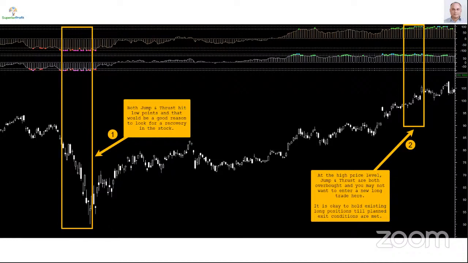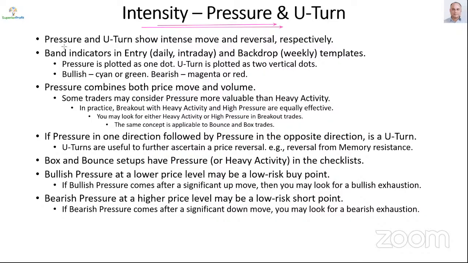And then we have some indicators for intensity. Pressure and U-turn show intense move and reversal respectively. Both are drawn as band indicators in entry, both daily entry, intraday entry, and backdrop weekly templates. Pressure is plotted as 1 dot, U-turn is plotted as 2 vertical dots.